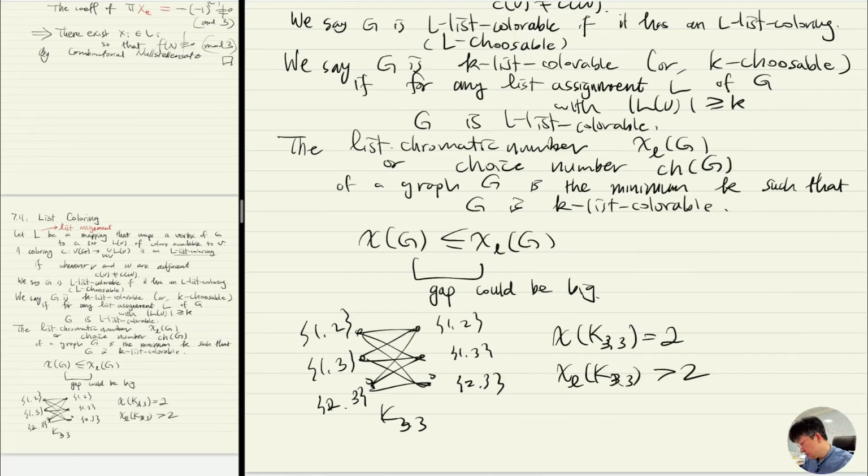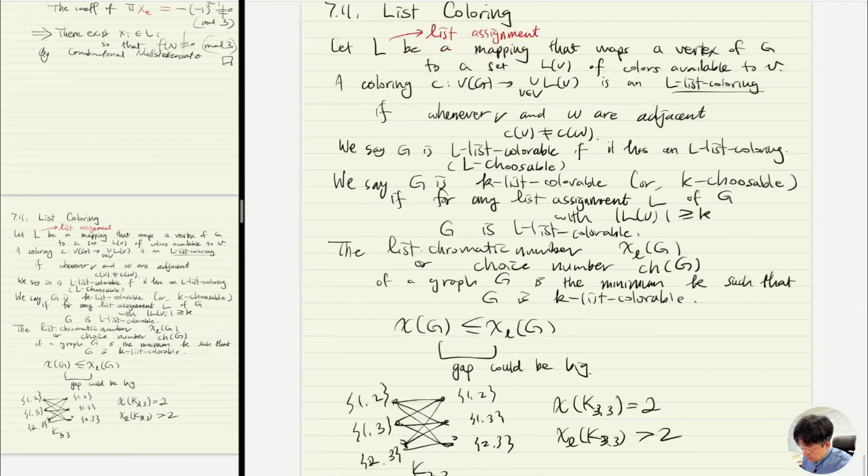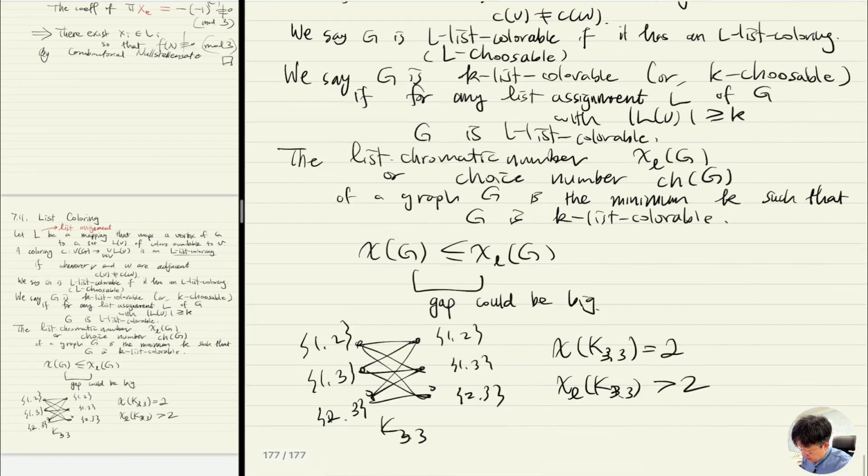Why? If it's 2-list colorable, then with this list assignment, you must have a coloring. So let's say, by symmetry, I color this vertex by 1. Then you cannot use 1 here. We cannot use 1 here. That means the only choices I have are 2 and 3.